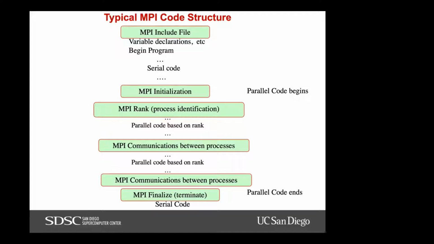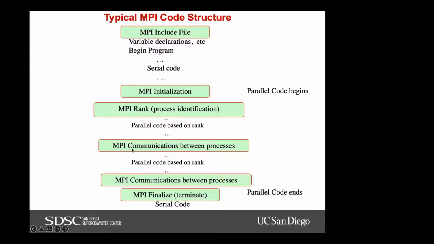You have to remember the same executable runs on all the nodes, and all the tasks are running basically identical things, except there are routines that you can use to figure out which task the particular instance is. So you have the MPI rank call, which identifies the process. Based on this rank, or which MPI task it is, you can do different pieces of the work. Say you have a 2D domain that you're solving on, you can break it up based on the rank.